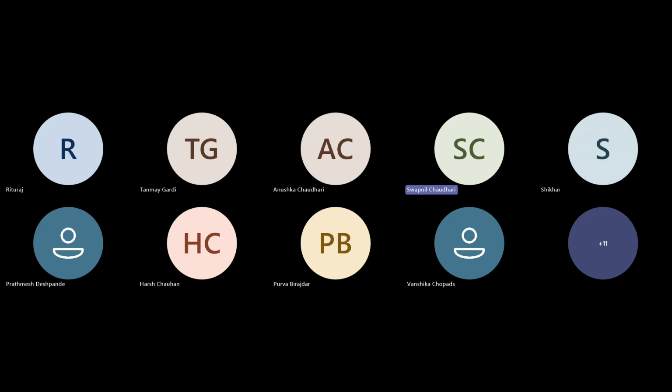Then 23, 24, 25. Sir, 25. 26, Ruturaj. Sir, I'm 24. 24 is also there. Raj. Sejal. Shambhavi. Shikhar. Shreya. Sumit. 28 is also there. 30, 31, 32, 33, 34, 35, 36, 37.